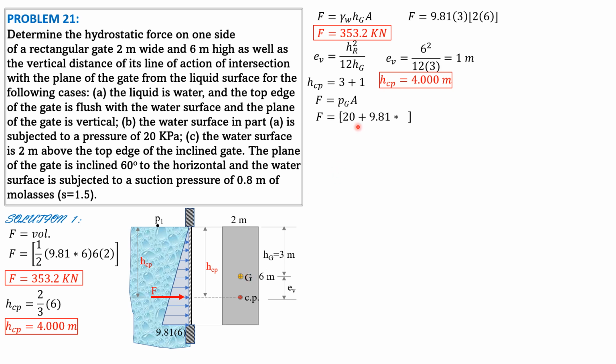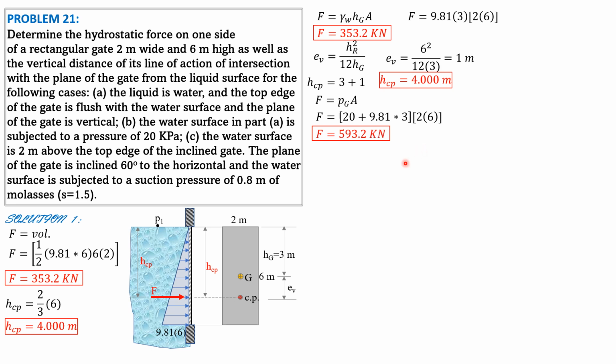So F is 20 plus 9.81 times 3 times area 2 times 6, where 20 plus 9.81 times 3 is the pressure at the centroid. 20 at 1, then we go down by 3 meters, and the liquid is water, so 9.81 times 3. That's the pressure at G, at the centroid of the area of the gate, then area 2 by 6. So F is 593.2 kilonewtons.